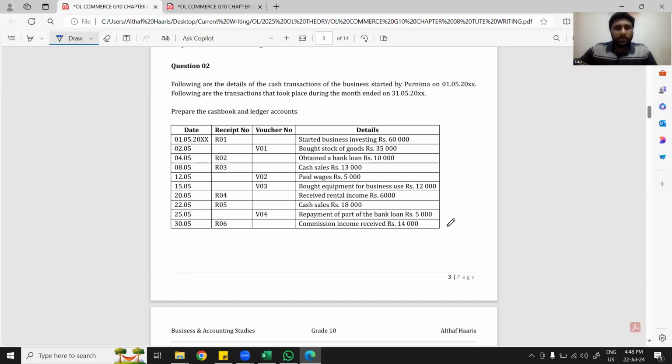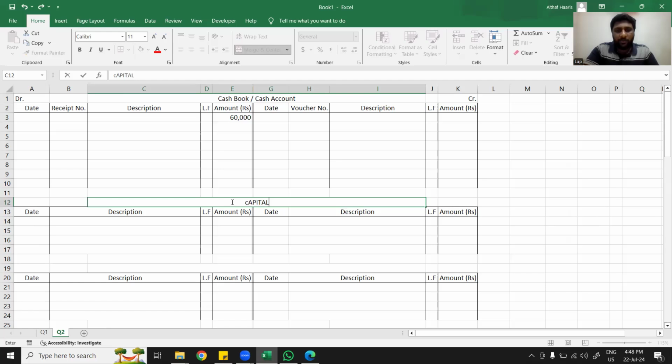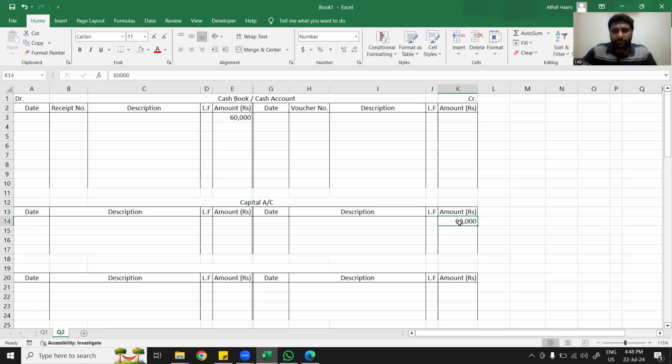Okay, so we'll start. 1st May 20XX, started the business by investing 60,000. So capital investment, money increasing by 60,000. Other side, capital account. Capital is increasing by 60,000. Here you write cash, switch the names, and here you write capital.